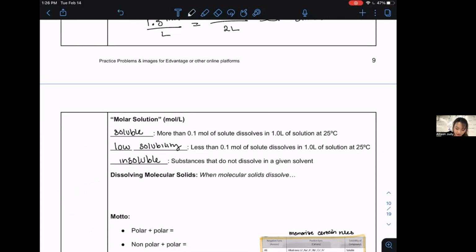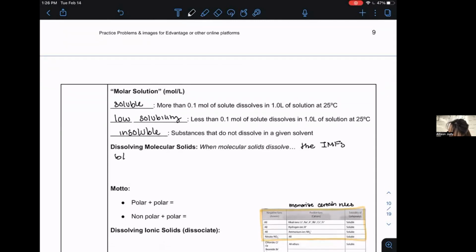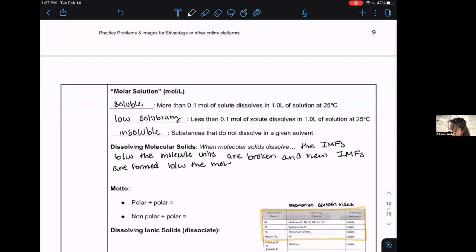What we say is that when molecular solids dissolve, the IMFs between the individual molecule units are broken, and new IMFs are formed between the molecule and solvent.